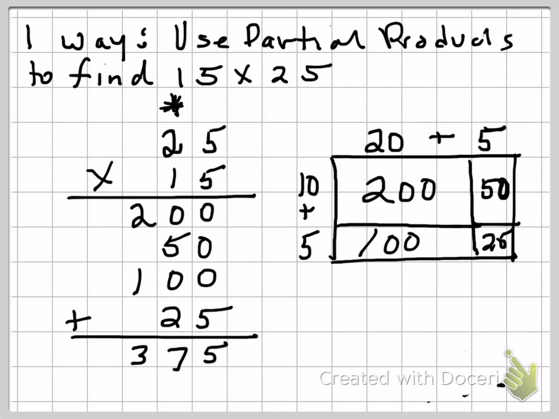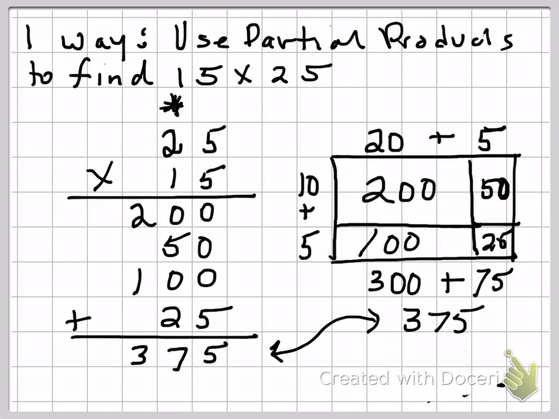When I add these up, I have 300 plus 75. So 300 plus 75 equals 375. Oh, look, my area model and my answer for partial products, my sum total, are the same. Great.